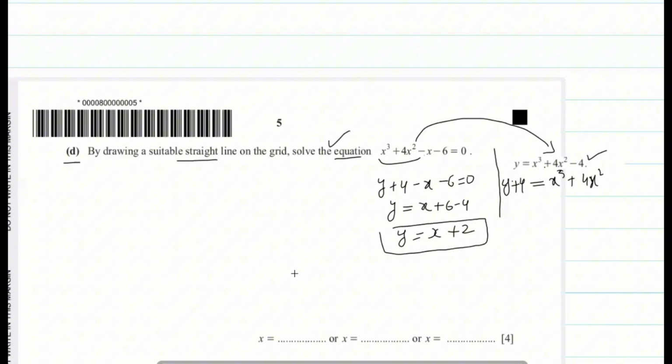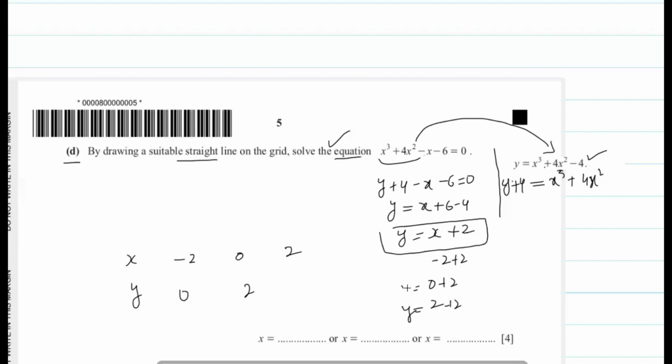To draw this straight line, we take some values of x. Here we take x value is -2, then the value of y will be, look here, -2 plus 2, y will be 0. Next we take x is 0. When we take x is 0, the y value will be 0 plus 2, and this is 2. And next we take x is 2. Look here, when we take x is 2, the value of y will be 2 plus 2.